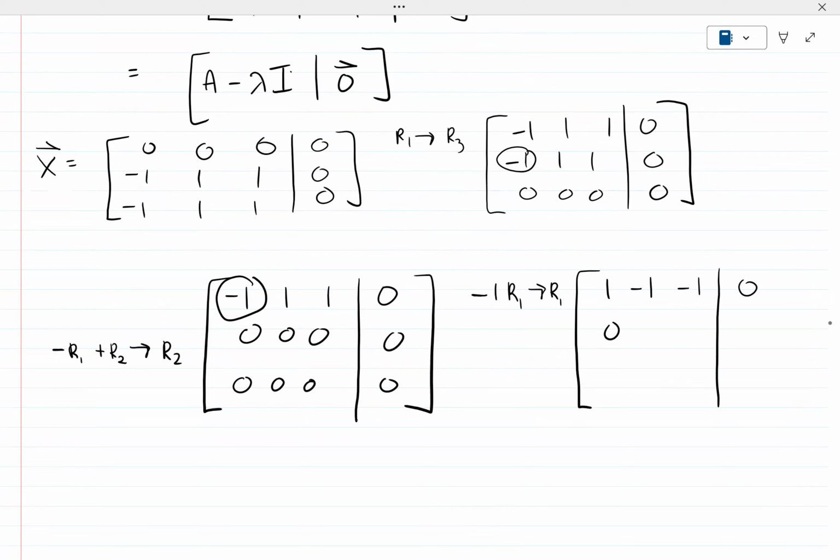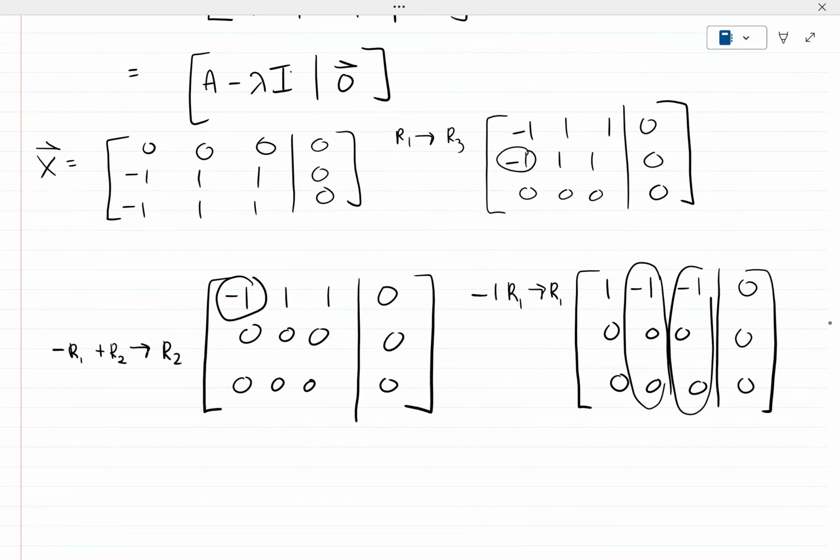And then this is going to be 0, 0, 0, 0, and then 0, 0, 0. And this column right here, and this column down here, is a free variable.